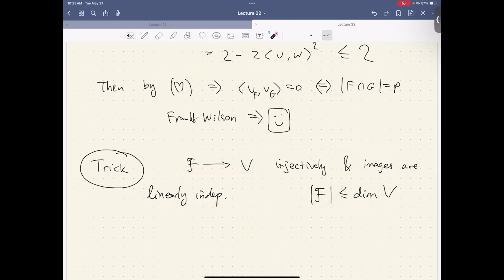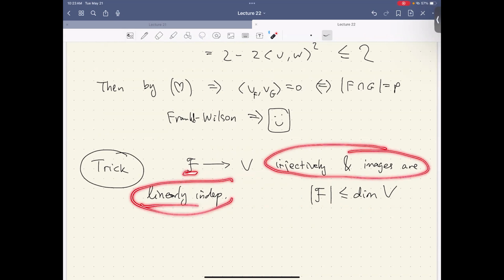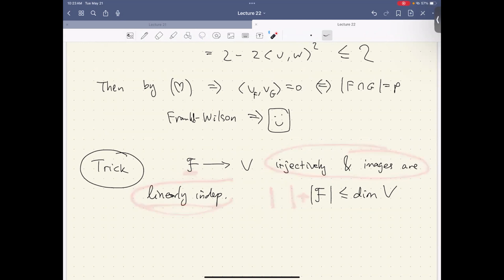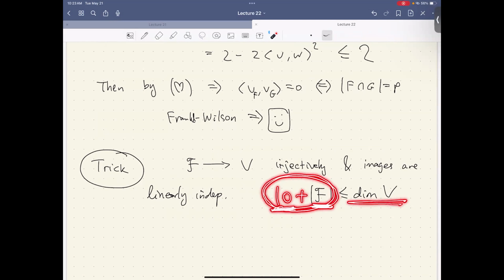But if we can sneak in another set of vectors, say 10 more vectors that are linearly independent of all the vectors corresponding to F, then we can add them, and they are all still linearly independent, so the total is still at most the dimension of the vector space.